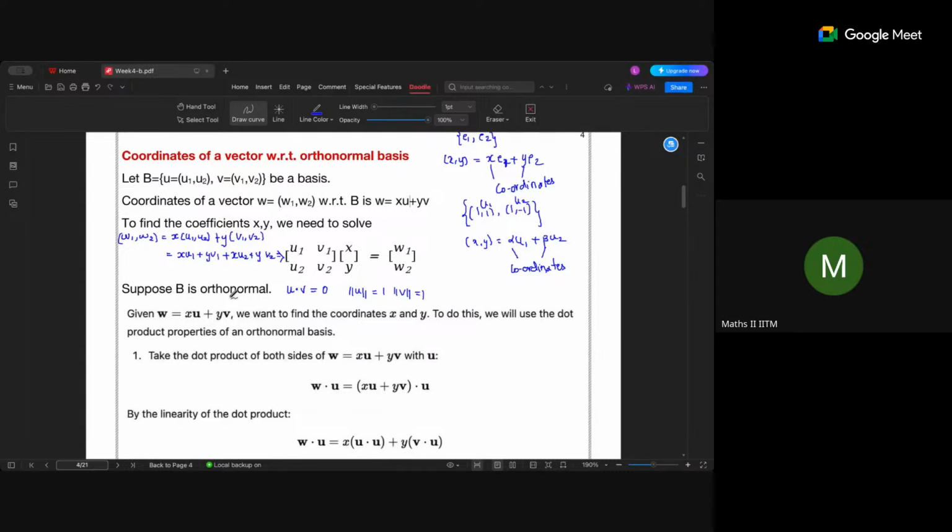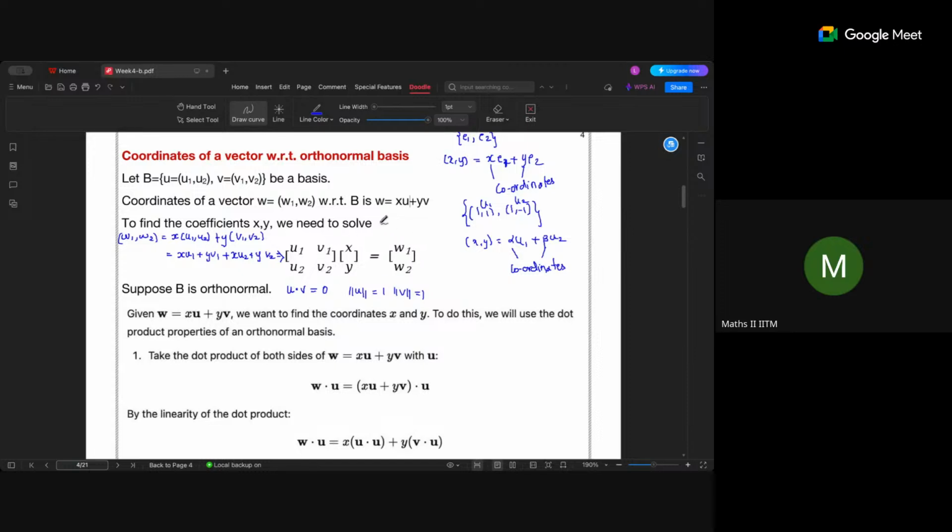Now, how to find x and y? How do we usually find these coordinates? Can anyone tell? Suppose you have some basis like this and some vector. How will you find the coordinates? Can anyone remember? Or just by looking at this, what is your guess? If you don't remember, you can guess from here.